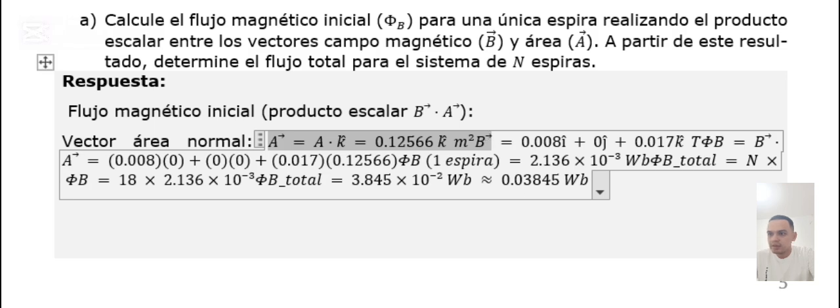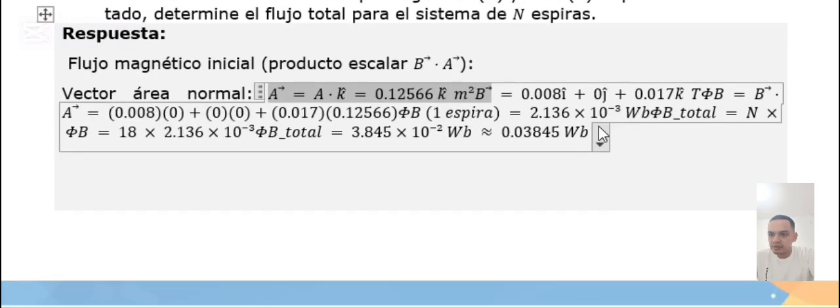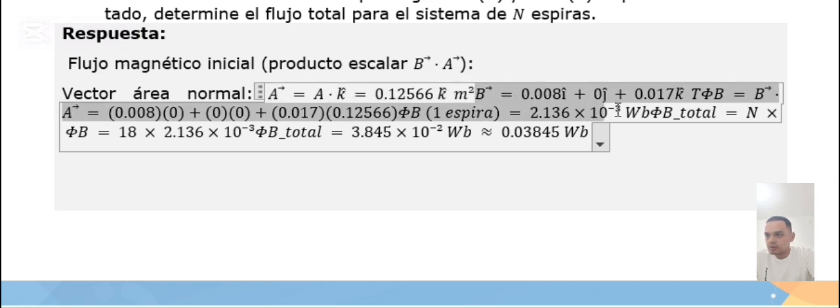The magnetic field vector is given, and this is used to calculate the magnetic flux.